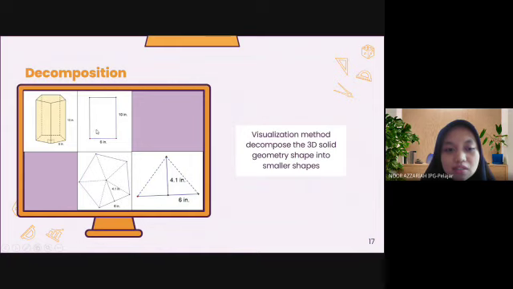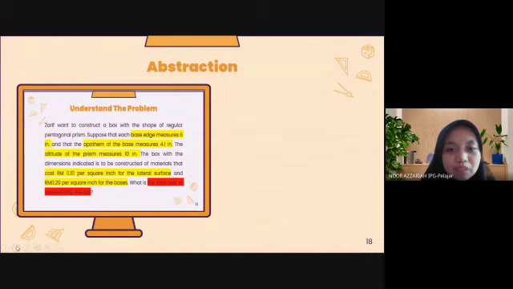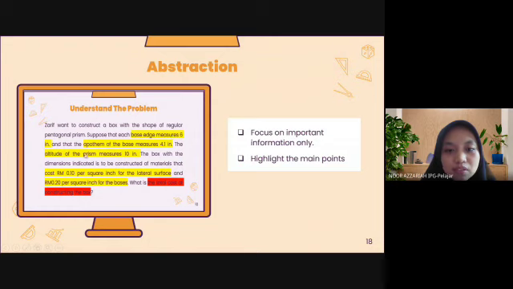As we can see here, this is the representation of the regular pentagonal prism, and I decompose it into smaller shapes so that I can find the area more easily. And then the concept of abstraction. Just now I highlighted all the main points to focus on important information only and to ignore all the irrelevant details.